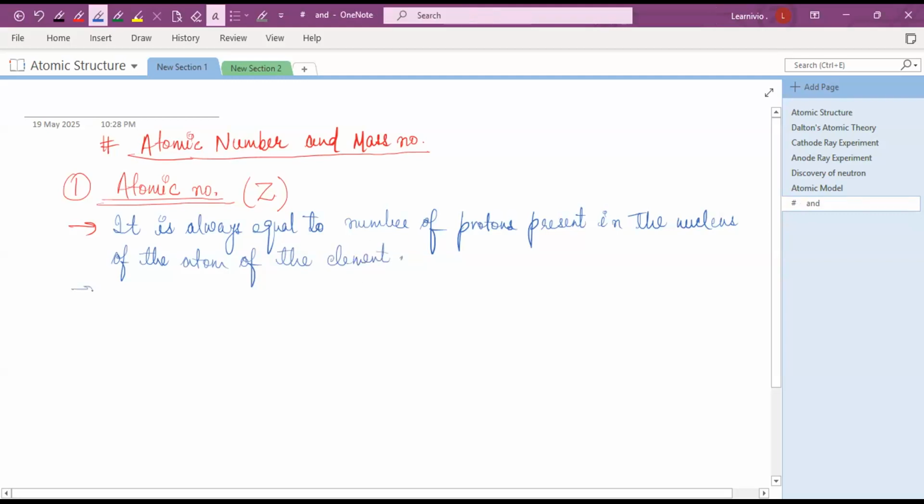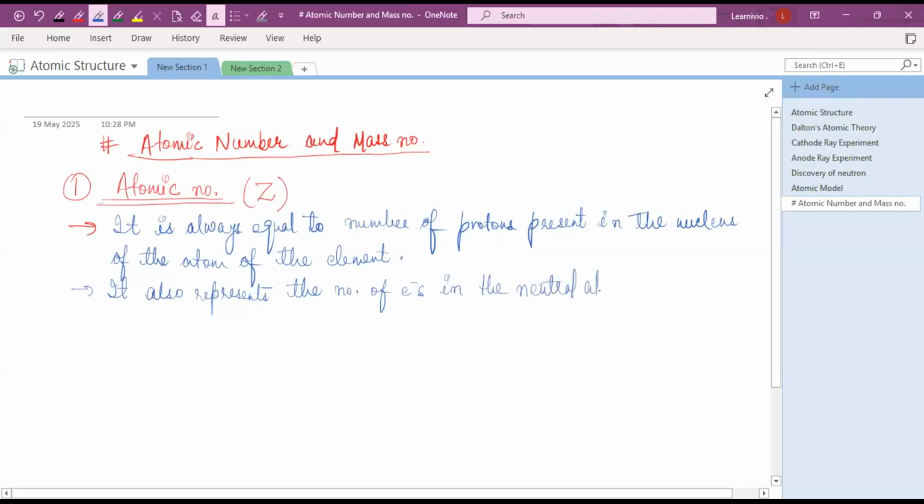And yeah, it also represents the number of electrons. Number of electrons is equal to the number of protons.